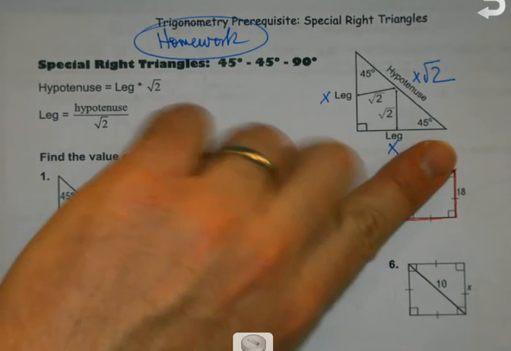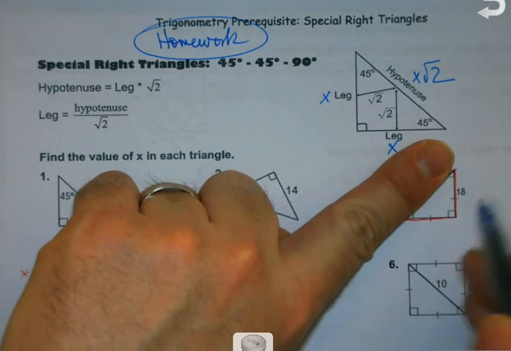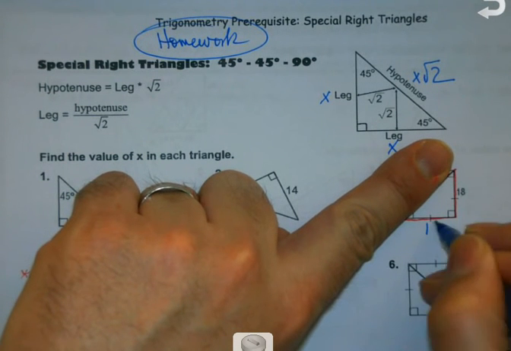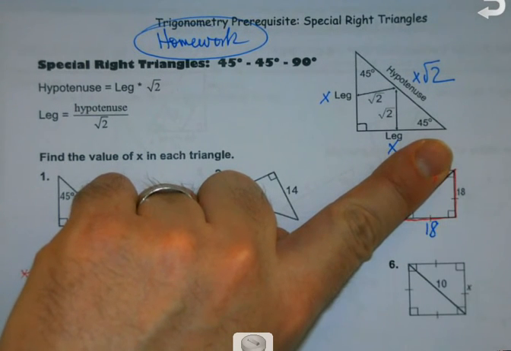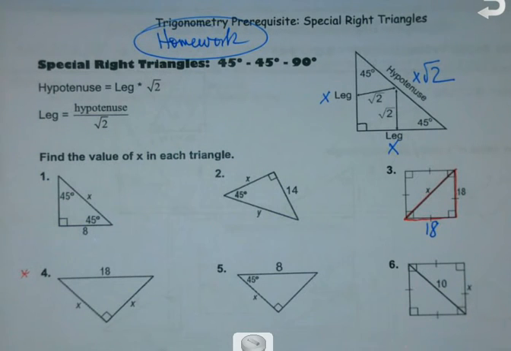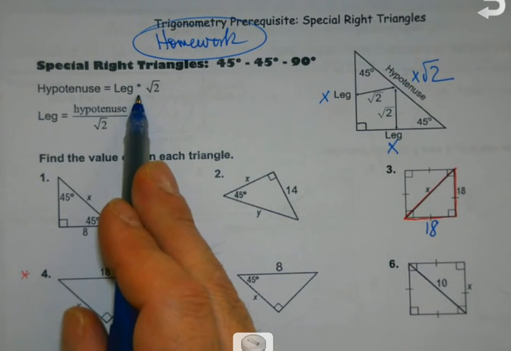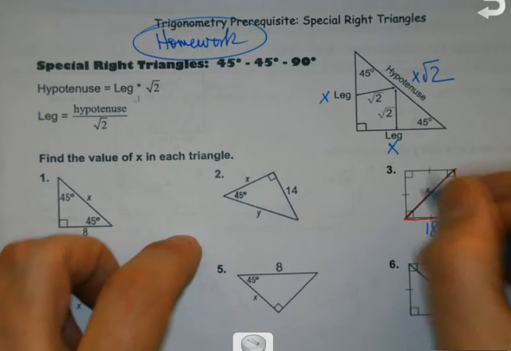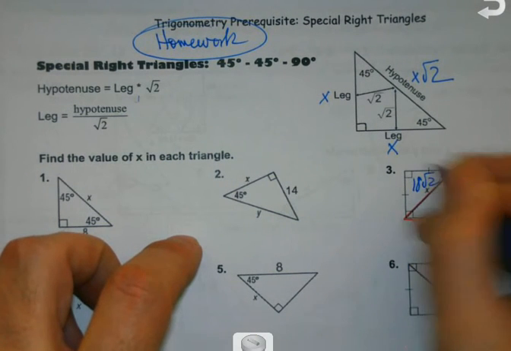If I forget about this part, 18 is a leg, which means this is also 18. What's the hypotenuse going to equal? 18 square root of 2, because it's just a leg times the square root of 2. I'm done.